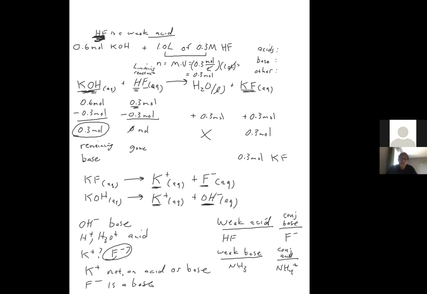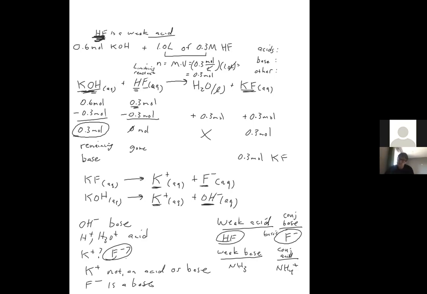And the conjugate acid of a weak base does make solutions acidic. Okay. So in this case, since fluoride is the conjugate base of a weak acid, it will make the solution basic.